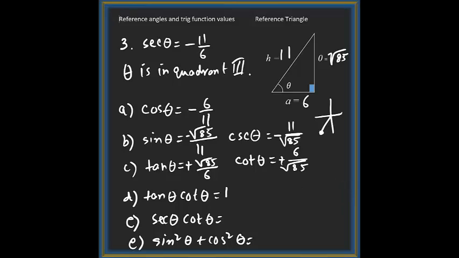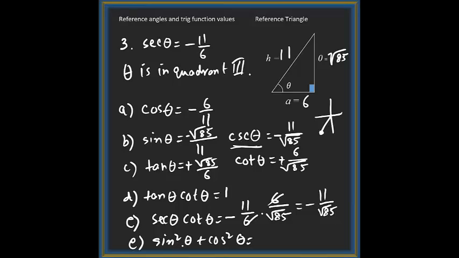Now secant theta we have negative 11 over 6, and cotangent theta we have found 6 over square root of 85. If the 6 cancels out, you get negative 11 over square root of 85. This is exactly cosecant theta. So you can verify why it is cosecant theta easily.